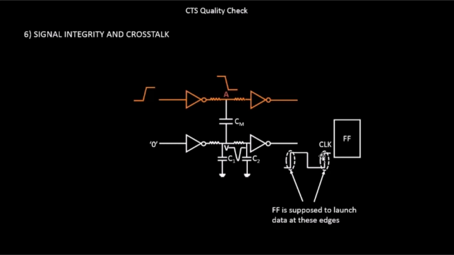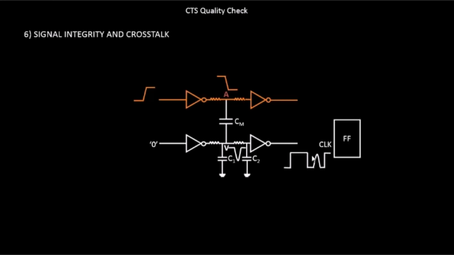It will be launching data at this rising edge, as it is supposed to do. But because of this glitch that it is seeing at the input of the victim net, this also appears at the output. Somewhere where the net was constant, it sees a glitch, it sees an edge over here.